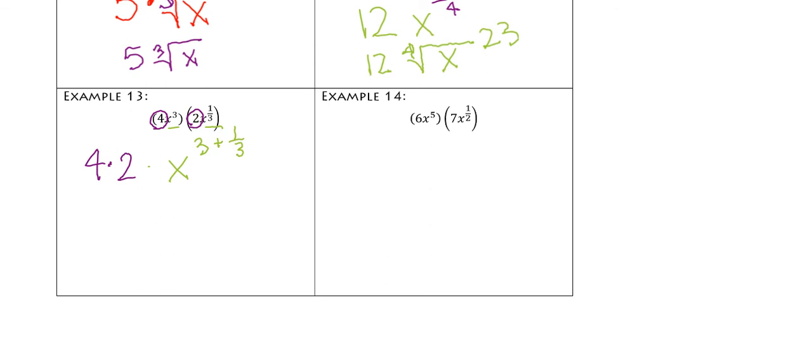So 3 plus 1/3. 4 times 2 is 8. x raised to the 10/3 power after you add the exponents here. 3 plus 1/3 would become 9/3 plus 1/3. So 9 plus 1 is 10, and then still over 3.